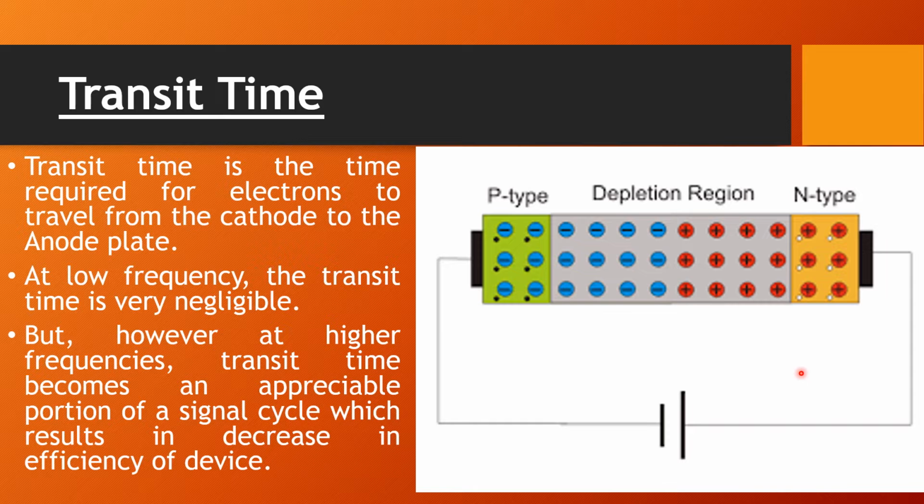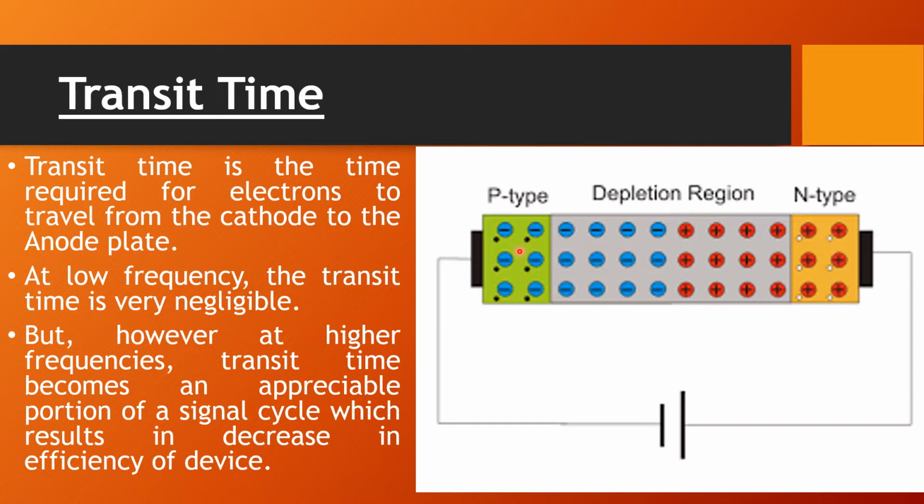If you supply an AC signal here, in the positive cycle the P terminal will experience a positive supply and N will experience a negative supply. So the electrons are repelled from the N-type region and move toward the P-type region as P is positive. The time taken by the electron to move from N to P is the transit time.